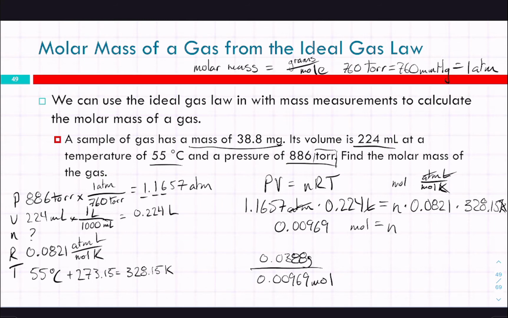So 0.0388 grams divided by 0.00969 gives us 4.00 grams per mole as our molar mass.